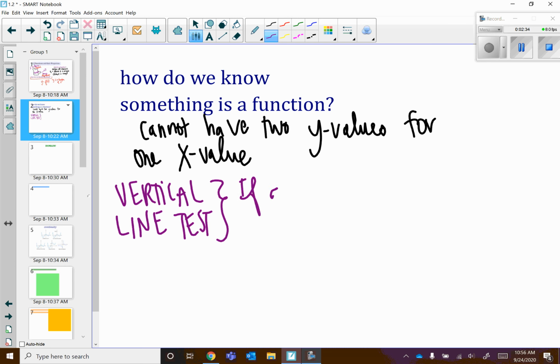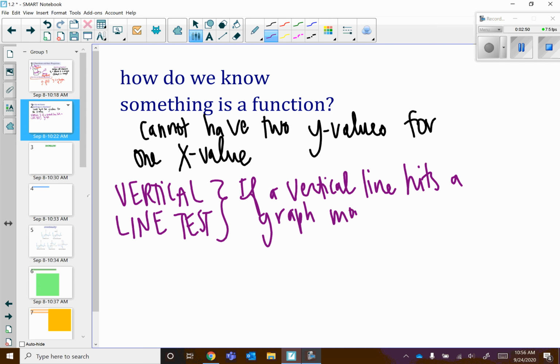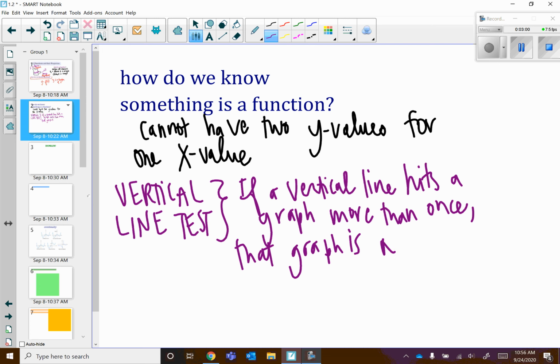So if a vertical line hits a graph more than once, that graph is not a function.